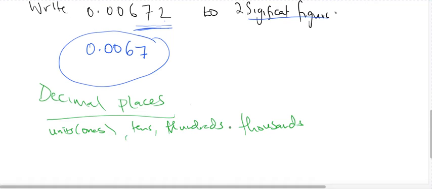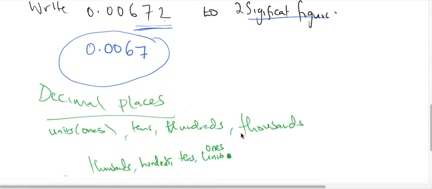Now, if we have a dot somewhere, a decimal point, the number before the decimal point is units. But remember, as I told you, sometimes it's called ones. Then tens. Then the next one here is hundreds. Then thousands. Then they continue.